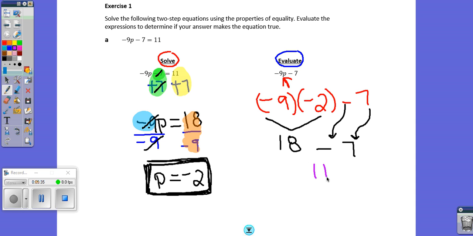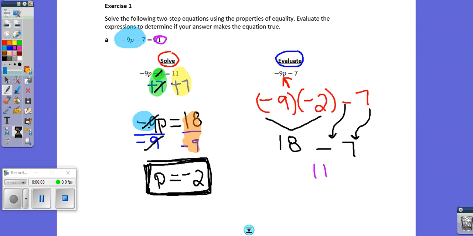So why did we evaluate? Again, let's go back to our original problem. I'm going to highlight that in a pretty blue. This is my expression here: -9 times p minus 7. That's my expression, and they said my expression is equal to 11.